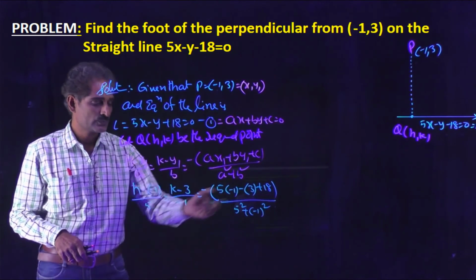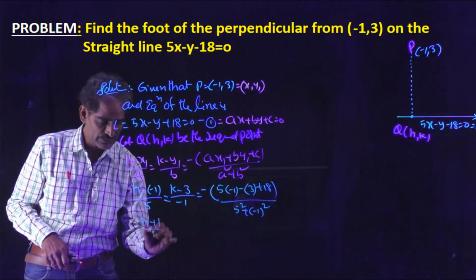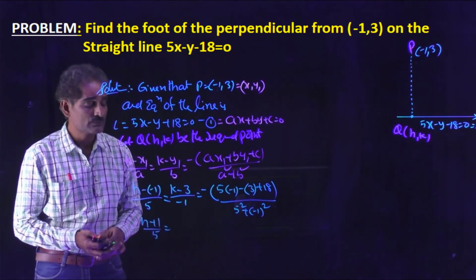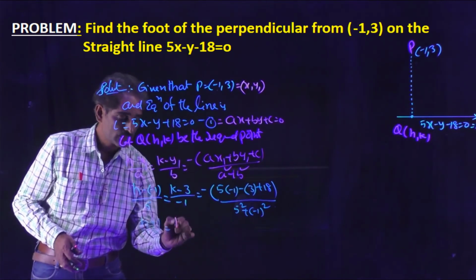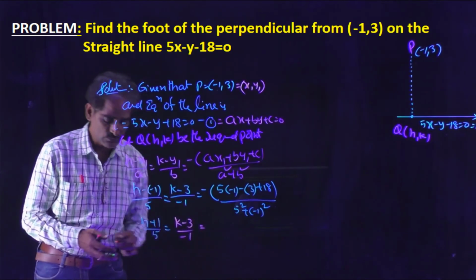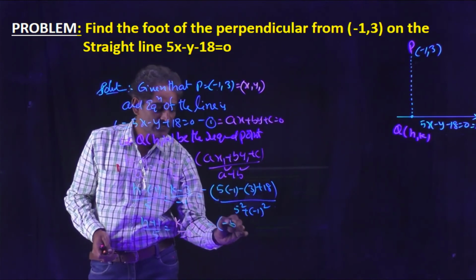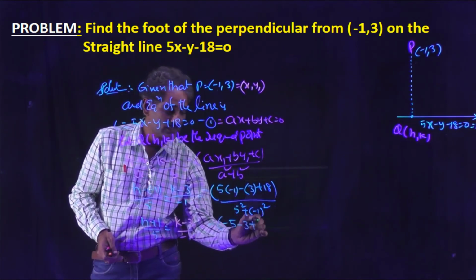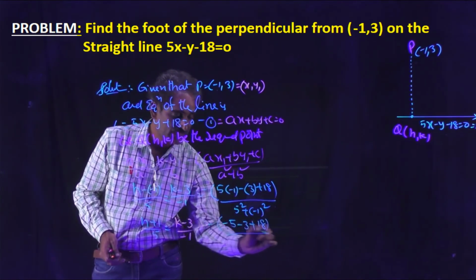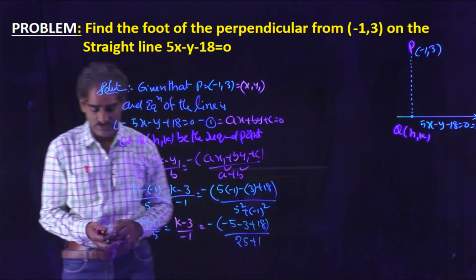Okay, so to simplify this relation, (h + 1)/5 = (k - 3)/(-1) = -(-5 - 3 + 18)/(25 + 1).